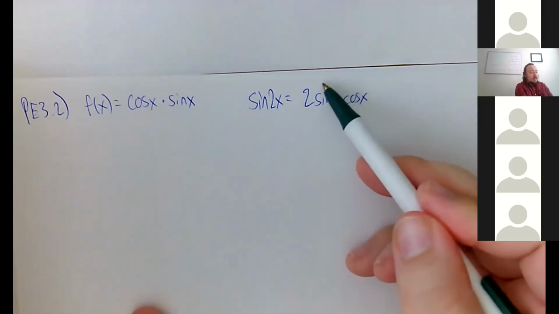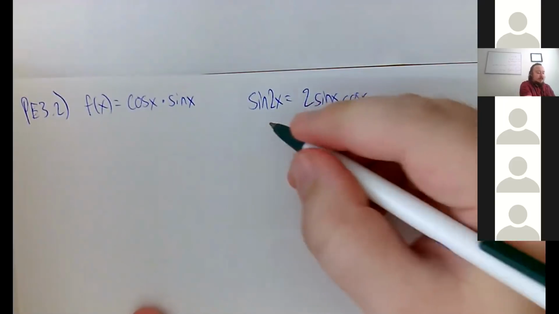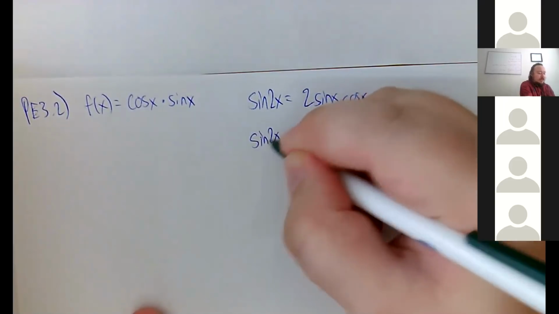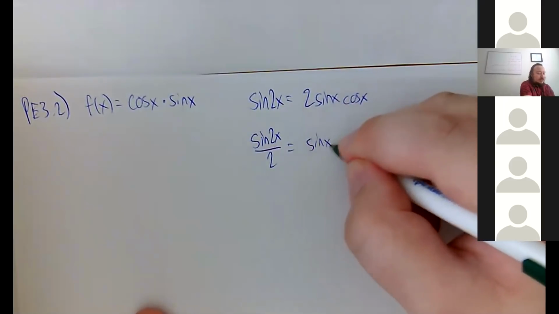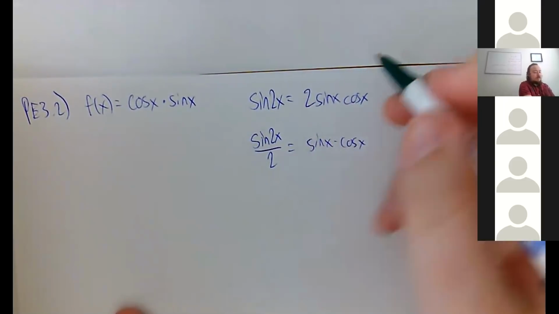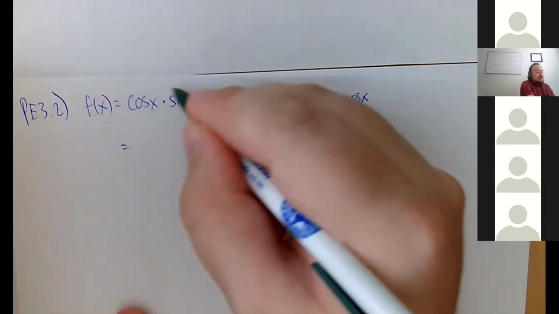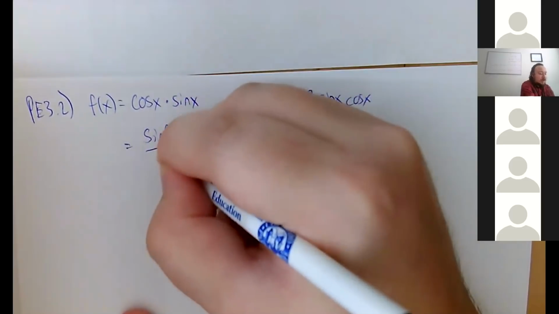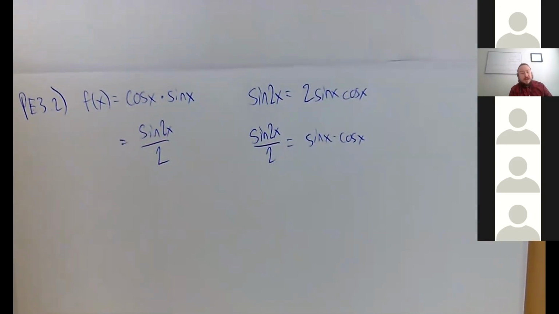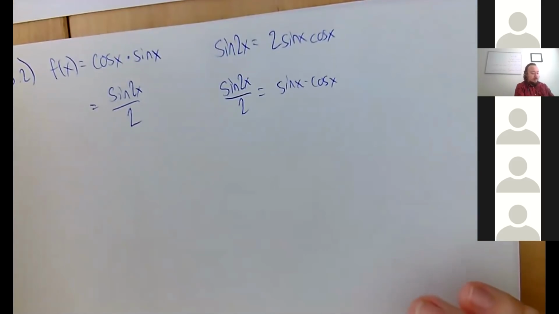So if we want to get this, all we need to divide by is 2 here. And we see that sine of 2x divided by 2 is sine of x times cosine of x, which is what we want. So rather than finding the series for this, I'm instead going to find the series for sine of 2x over 2. That's a much easier way to go.